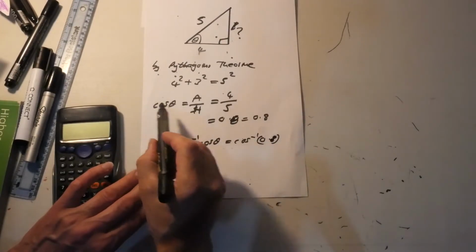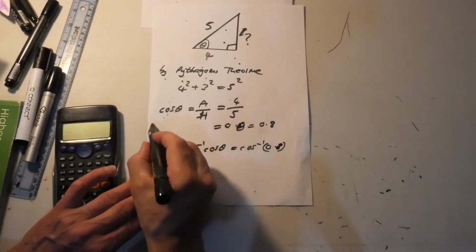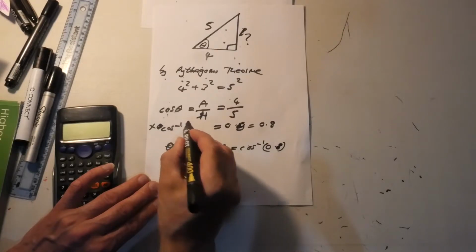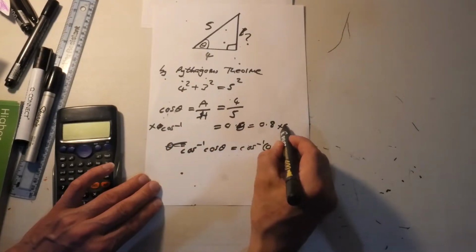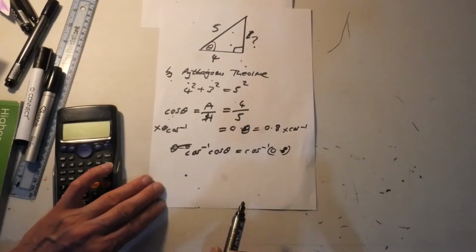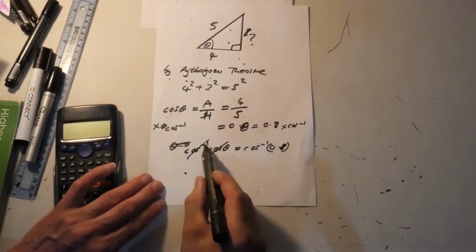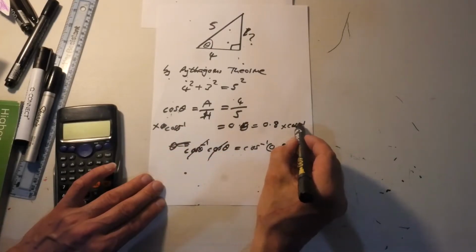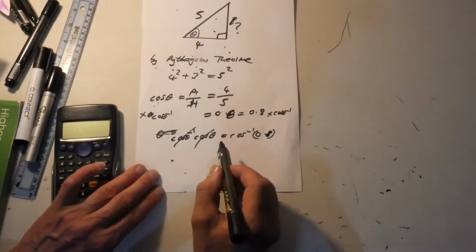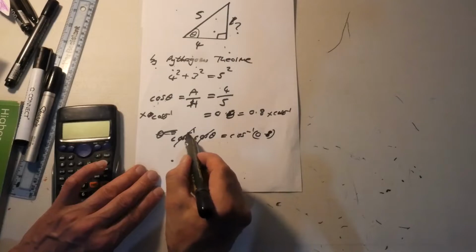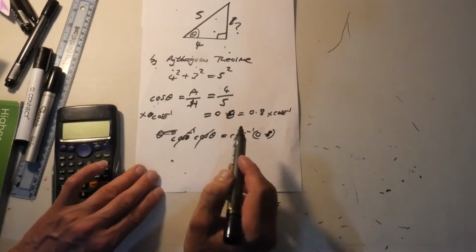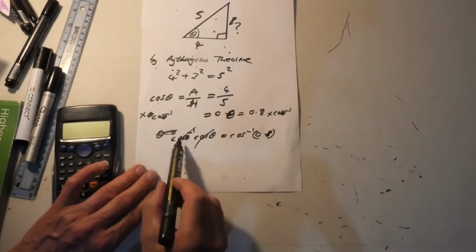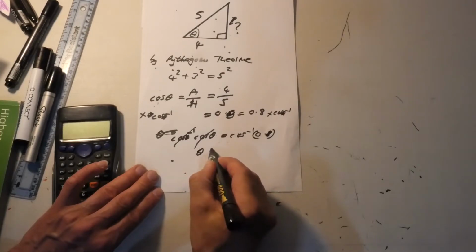So what I'm doing is multiplying both sides by cos minus 1, and that means they cancel, because that's basically 1 over cos theta. You're left with theta only, okay?